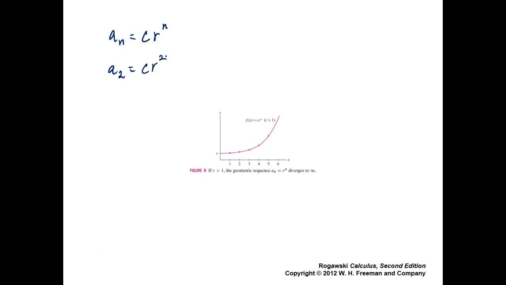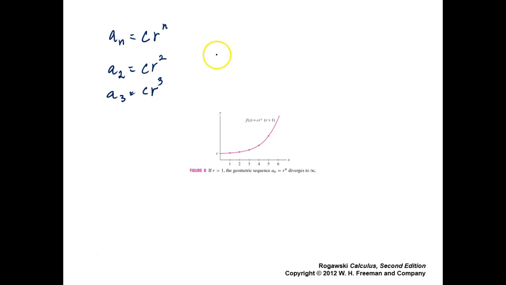I'll tell you what it is. C times R squared, right? You just plug in a 2 for n. What's the next one? A sub 3, what would that be? C times R cubed, right?